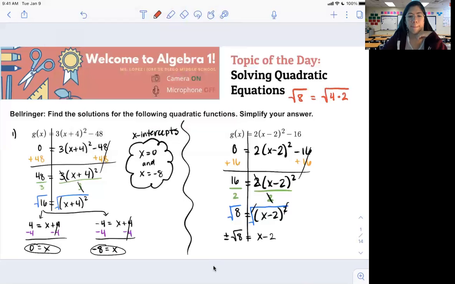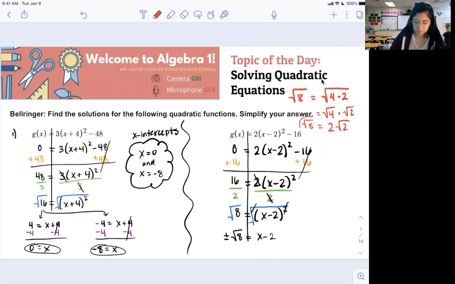What can I do? I can take the square root of it. Yeah. What is the square root of 4? Yeah, good. The square root of 4 is 2. So I have 2 times the square root of 2. So the square root of 8 can be simplified as 2 times the square root of 2.